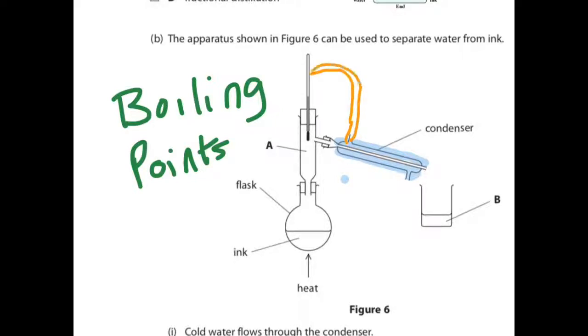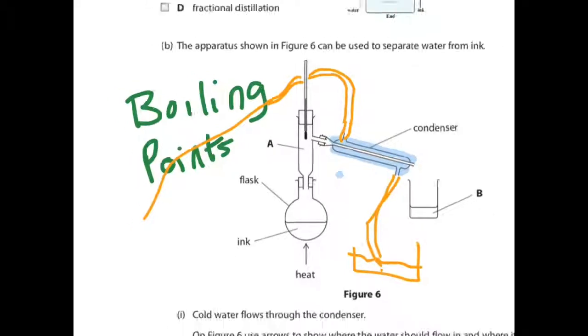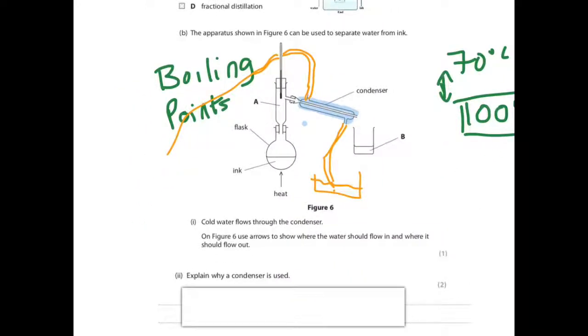There's a rubber tubing here, and that'll be connected to a tap somewhere down here, and then water will come out over here into a sink where it can drain off. So we have cold water running through. So the question says, on figure 6, use arrows to show where the water should flow in and where it should flow out. So we can have water flowing in through here and flowing out through here. So in, out, okay.